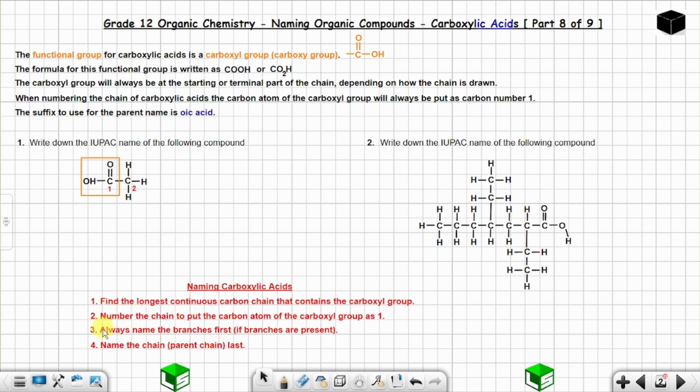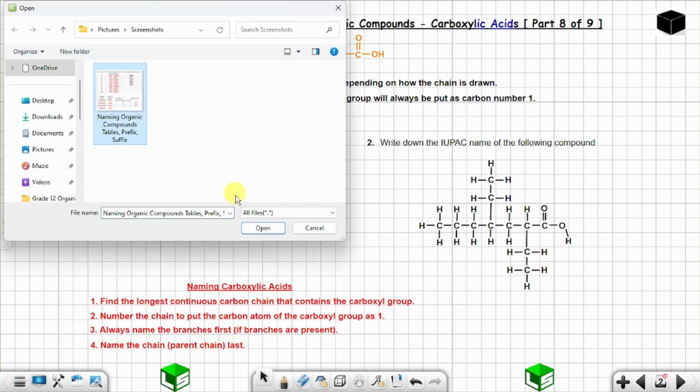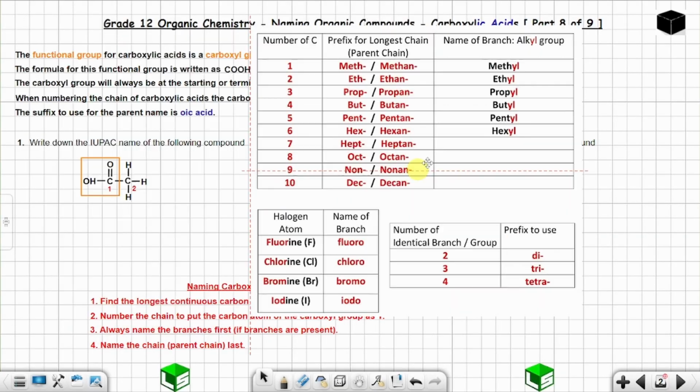Now we can start naming. Always name the branches first if branches are present. We don't have any branch. No branches are present. Name the parent chain last. You need to memorize this.